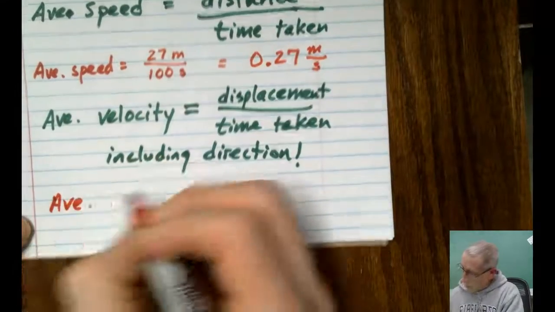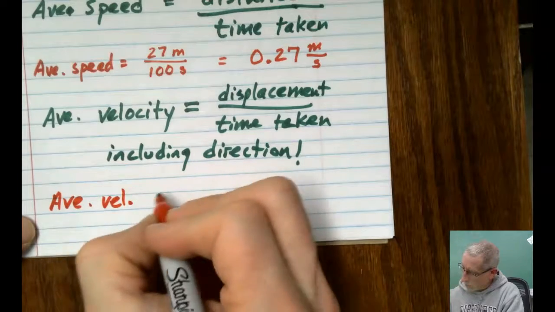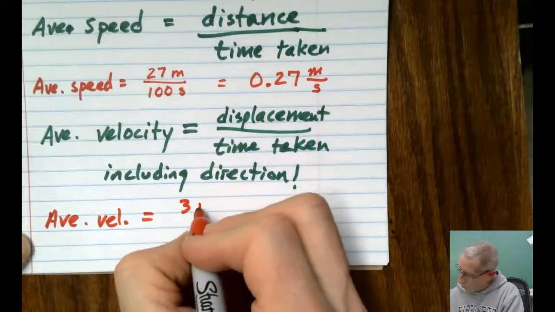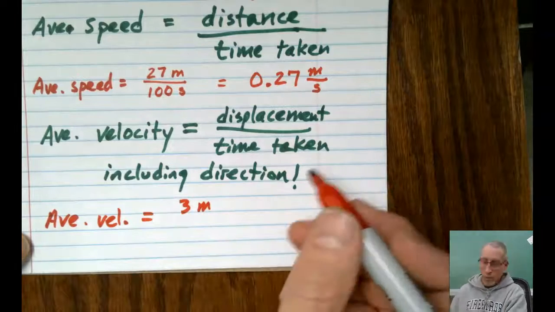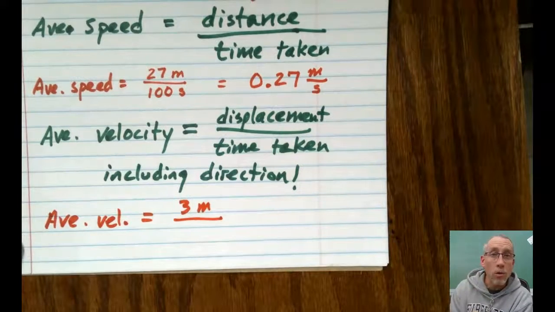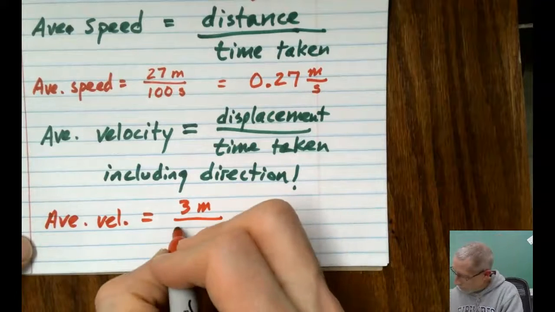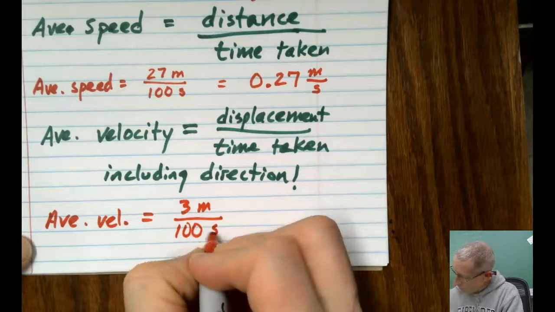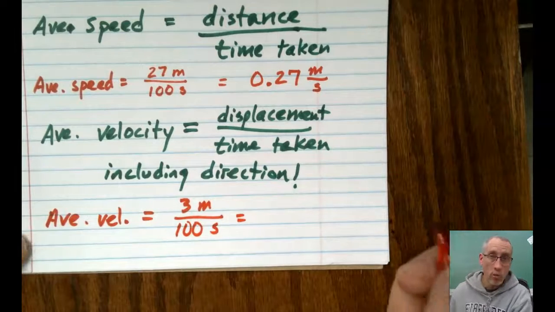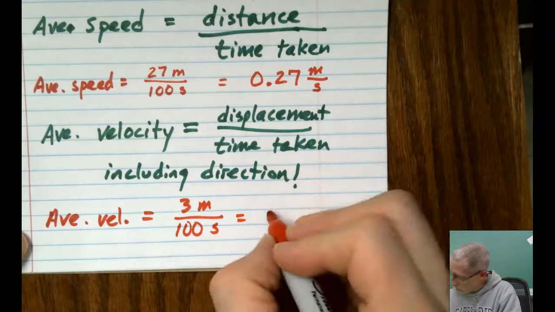And so we write in the second step, average velocity, and then abbreviate, displacement. Now we don't write the word south. We'll write that at the end. We've still taken 100 seconds to do that, right? So now we divide 3 by 100. That's known as 3 hundredths, or 0.03.